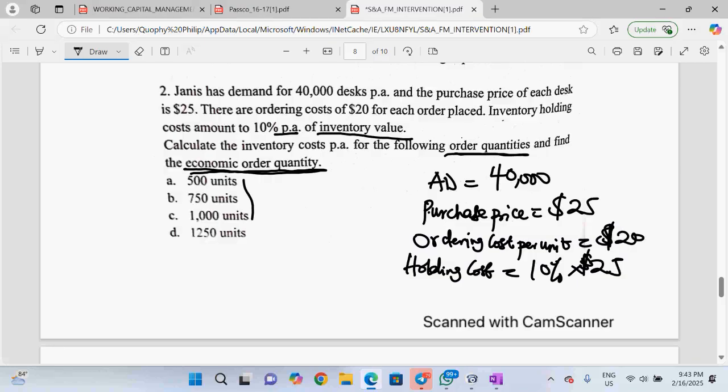We want to know which of these gives the least cost, because what is the use of the EOQ? The EOQ gives us the optimum level that would give us the least cost. Economic, right?